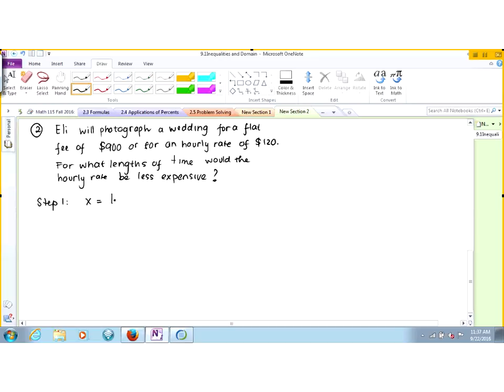So what is X? Length of time. Right? Or duration of the photography. Yeah. Step 2. Well, there is no drawing, but we can take a picture and put it there. Right? Wedding picture, put it there. Now, step 3.